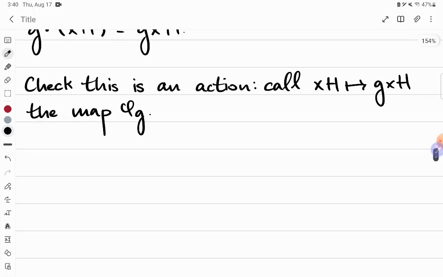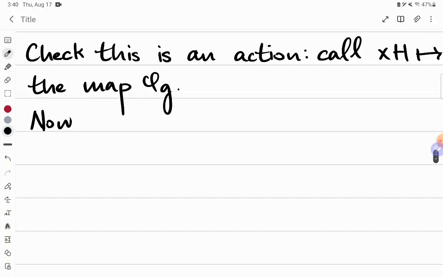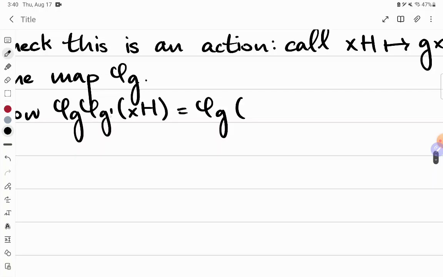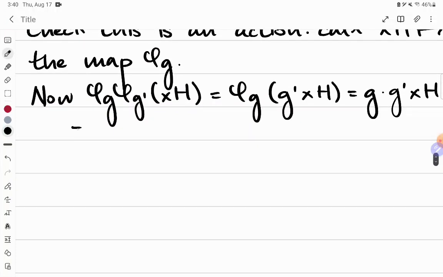And now we need to check that when we compose phi g and phi g prime, we get phi of g times g prime. So say that we have two different elements, g and g prime. Let's take phi g of phi g prime of xH. Now g prime is going to act first, so we have g prime xH, and then g is going to act, so we have g times g prime xH, and this equals phi of gg prime applied to xH as desired.